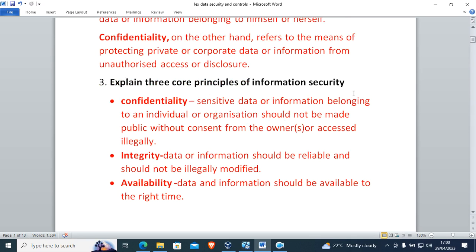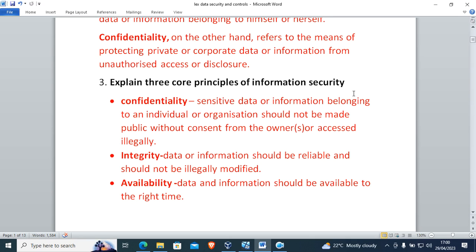Then we have explain 3 core principles of information security. We call them CIA. That is confidentiality, integrity, and availability. Confidentiality means that sensitive data or information belonging to an individual or organization should not be made public without consent from the owner or owners, or accessed illegally.